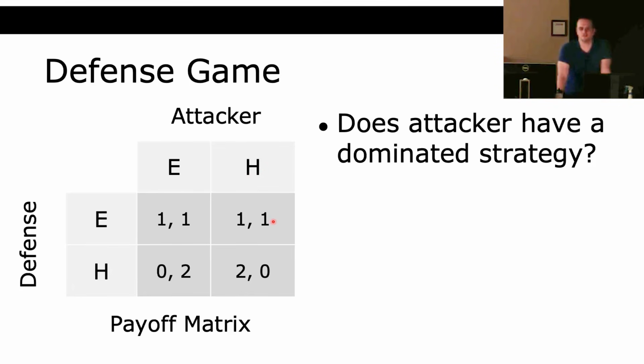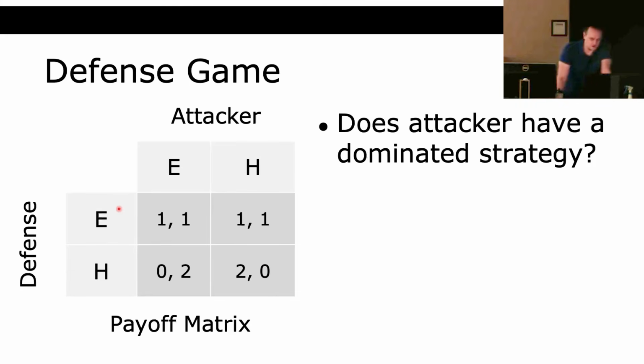Even though they didn't defend us, we lost 1 on the way, right? Okay, so for easy, it doesn't matter what we do. But if the defense chooses hard, if we choose easy, then we get both of our armies in the city. But if we choose hard, well, we lost 1 on the way and we're going to lose 1. So we don't get any into the city.